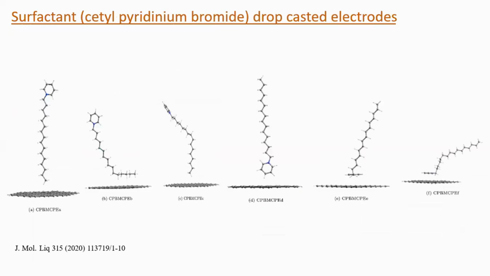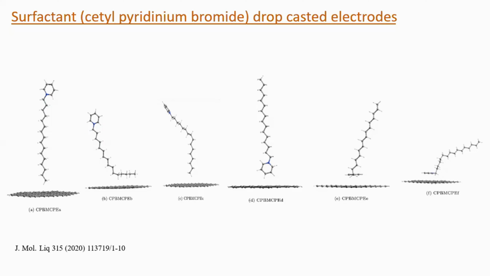Then we applied the same principle to model another type of surfactant, cetylpyridinium bromide. Again, here we have added surfactants at different concentrations when we perform the experiments.